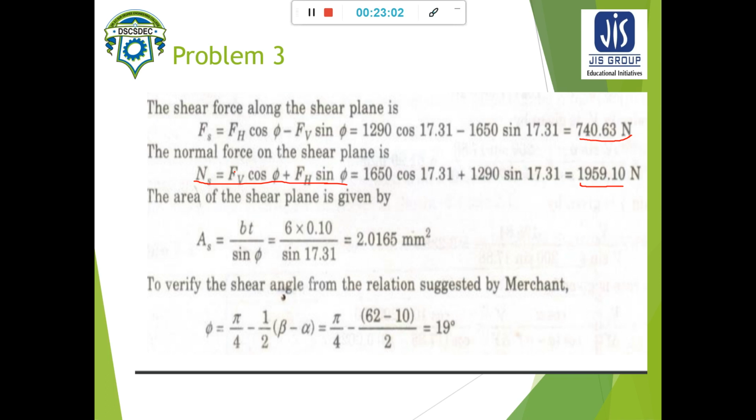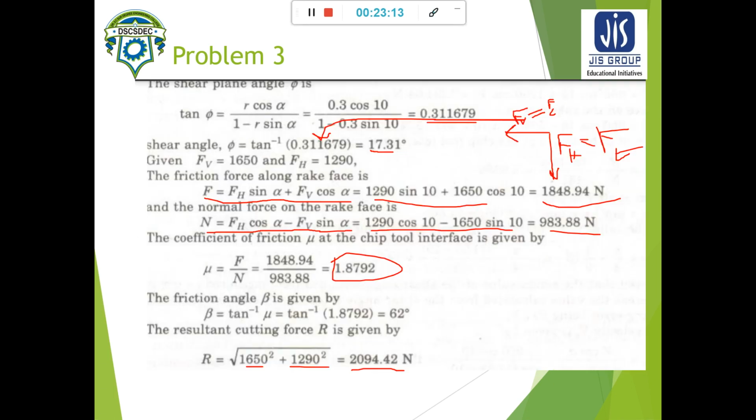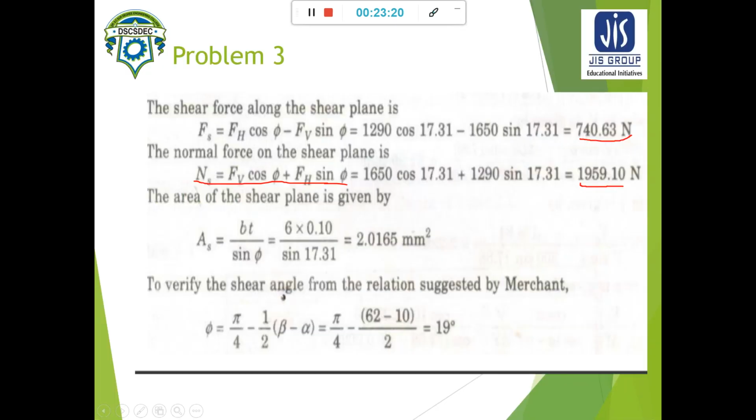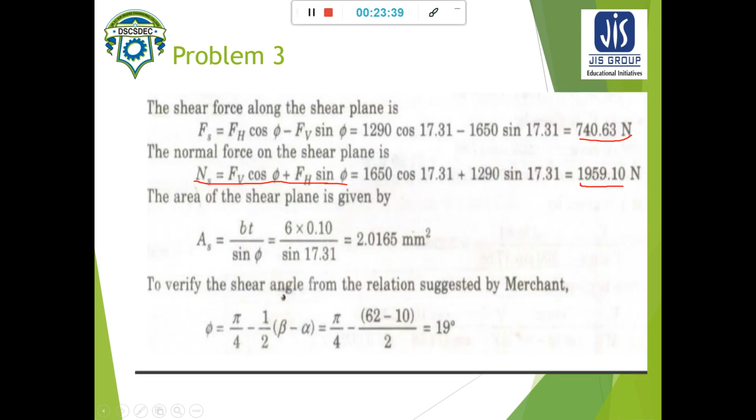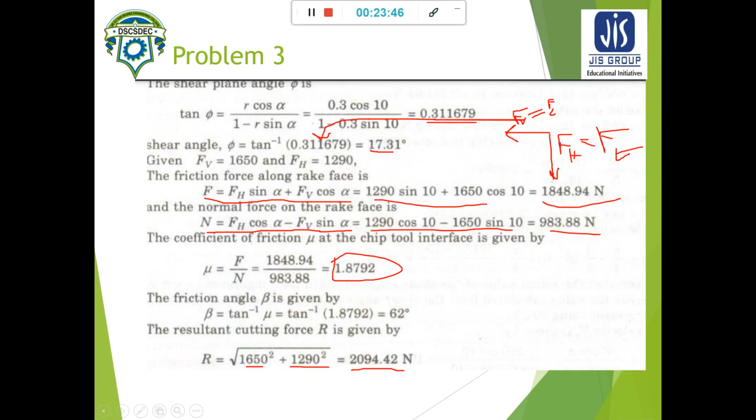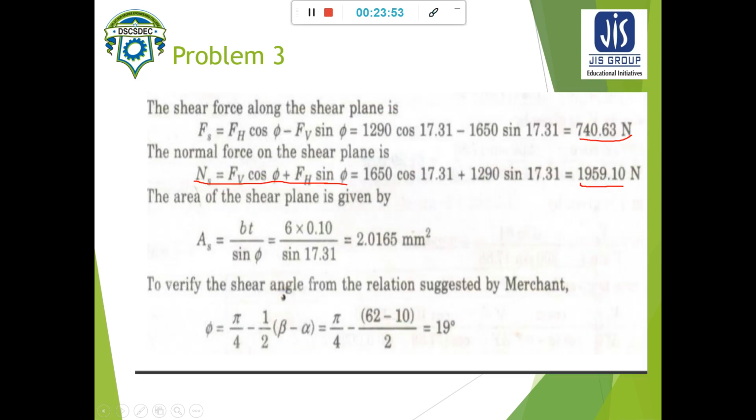Now the area of the shear plane is given by B into T, where T is your thickness. So As is equal to BT by sin phi.